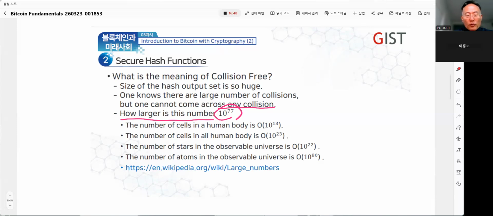The number of cells in all human bodies is 10 to the power of 23. The number of stars in the observable universe is 10 to the power of 22. The number of atoms in the observable universe is 10 to the power of 80. So this one is kind of closer to the number of atoms in the universe. So you never encounter one of these collision events. So that's the meaning.